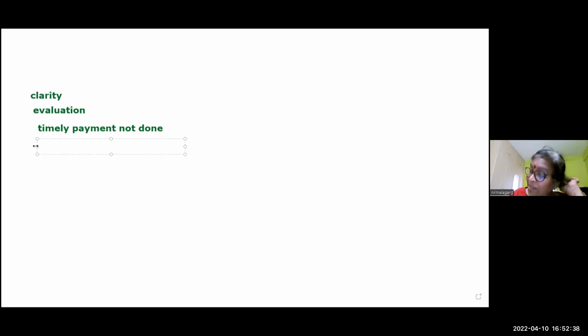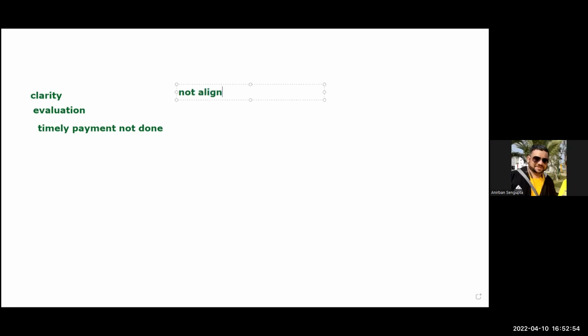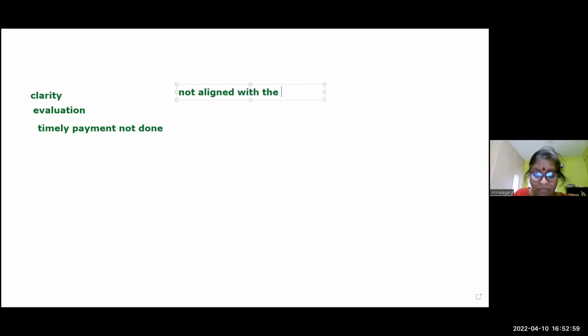But at the same time, some organizations have so many incentive plans that are not aligned with business goals, the big goal, what I call the organization's goal. What we typically call line of sight.